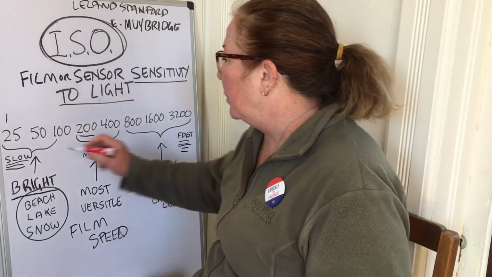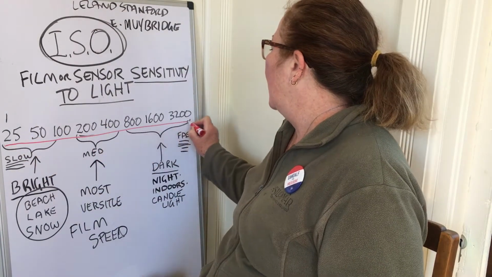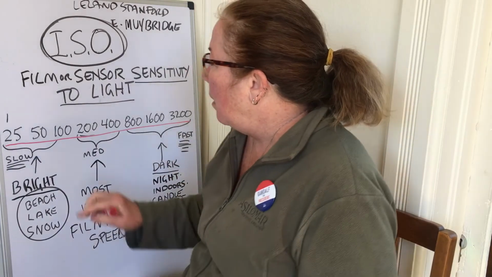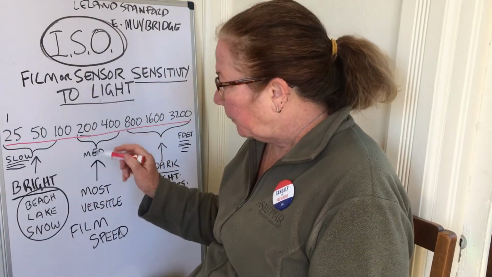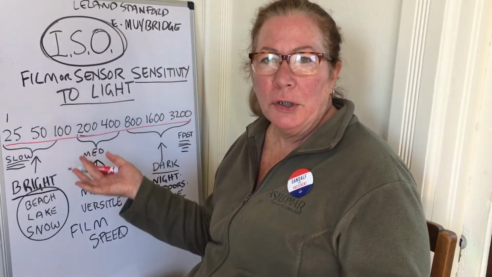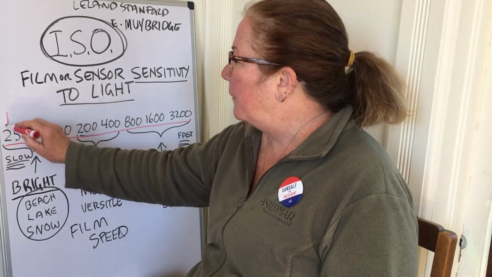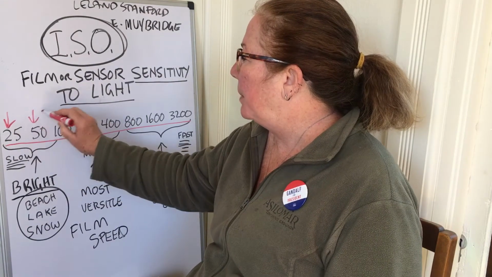So these ISO numbers are similar to the aperture and the shutter, in that each number kind of represents a stop in photography.